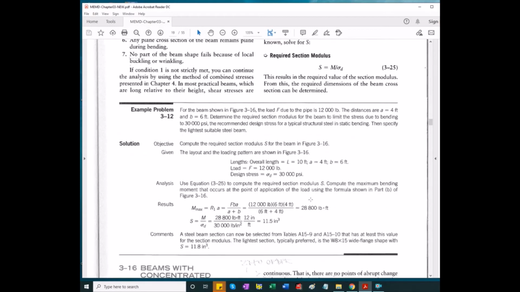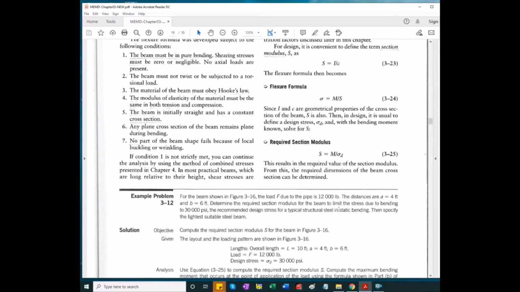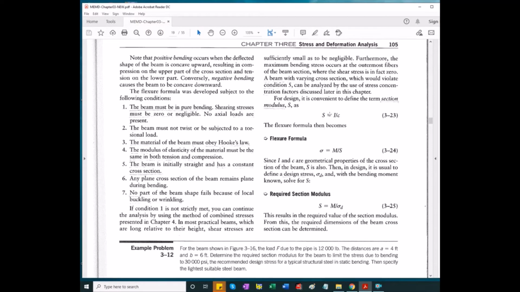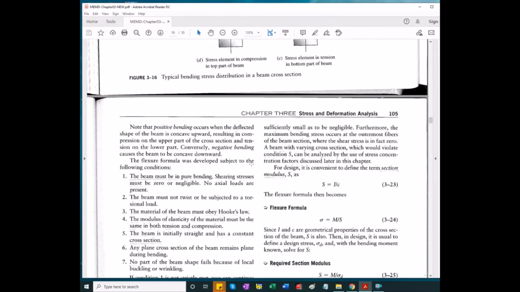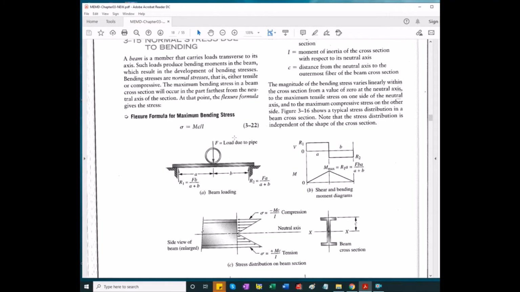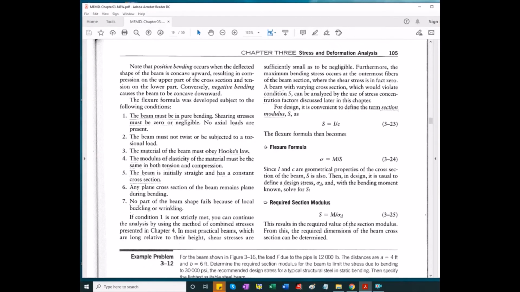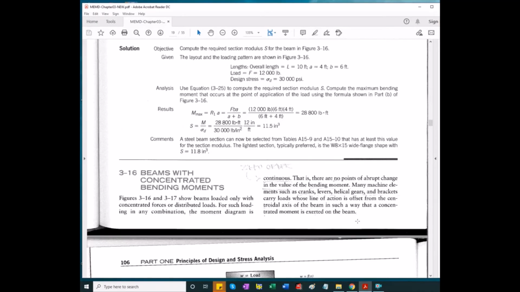And this is where it's convenient to use it, instead of juggling two parameters I and C, as they occur in the original flexure formula.